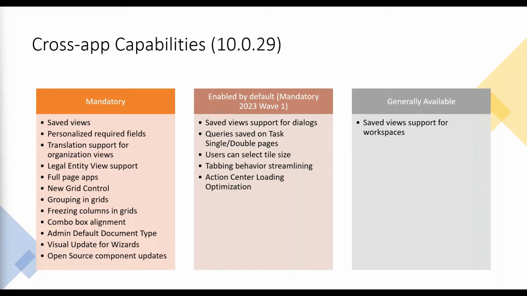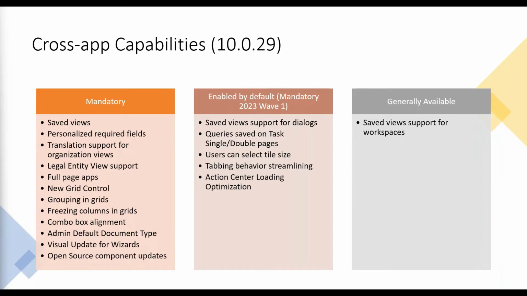So with that, we're going to have the mandatory, the enabled by default, and the generally available features that are going to be really pushed into the platform, into your environment. And I like to bring this up because there's a lot of people that defer these, and now it's really getting to the point where you can't defer some of these major grid control changes. So that new grid control was introduced, I think it was almost 2 years ago now at this point in time.